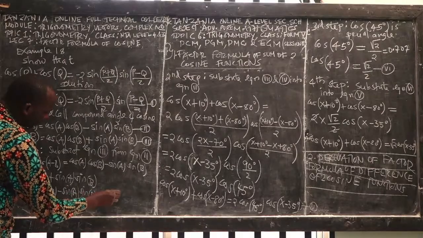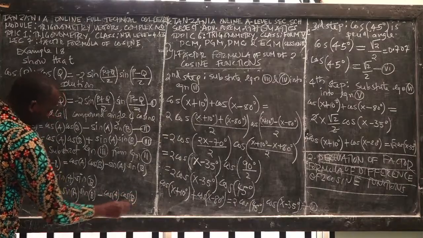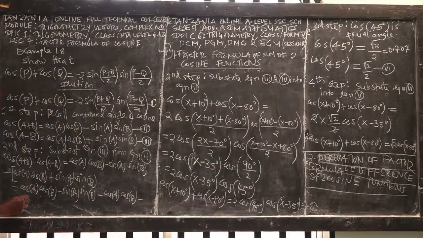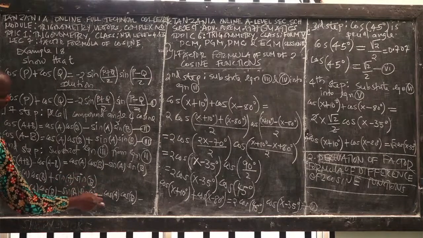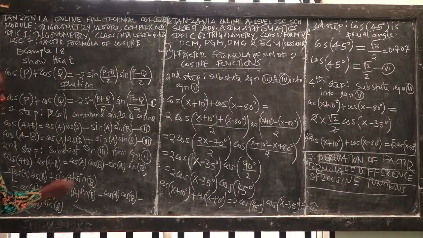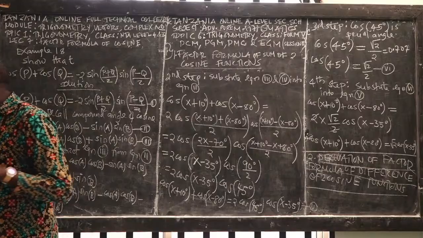Minus cosine of A multiplied by cosine of B, then minus sine of A, sine of B. So cos A times cos B minus cos A cos B becomes 0. Negative sine of A sine of B remains, minus sine of A sine of B. Are we together?